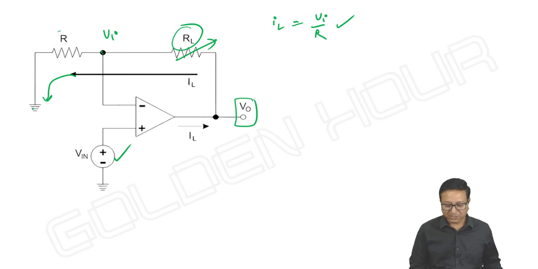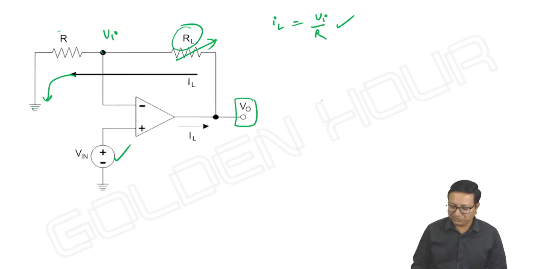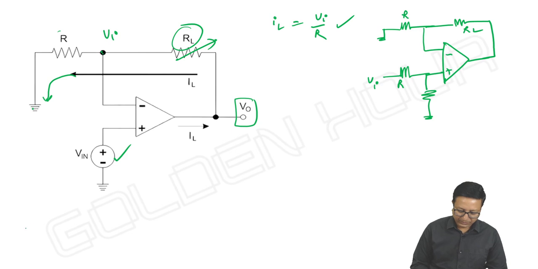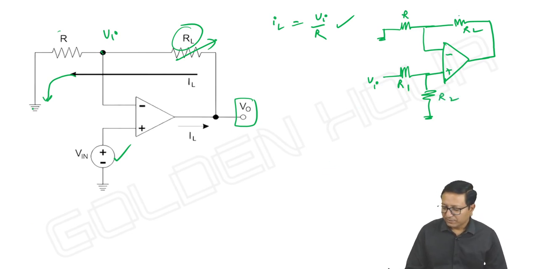Instead of giving the input directly here, sometimes to confuse us, they may give the circuit like this. RL, then this is IL.